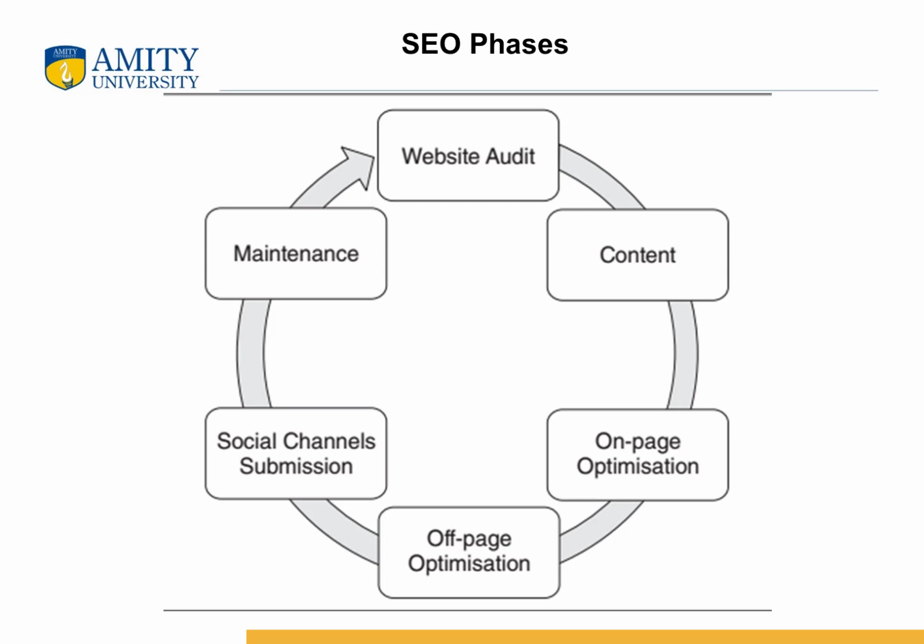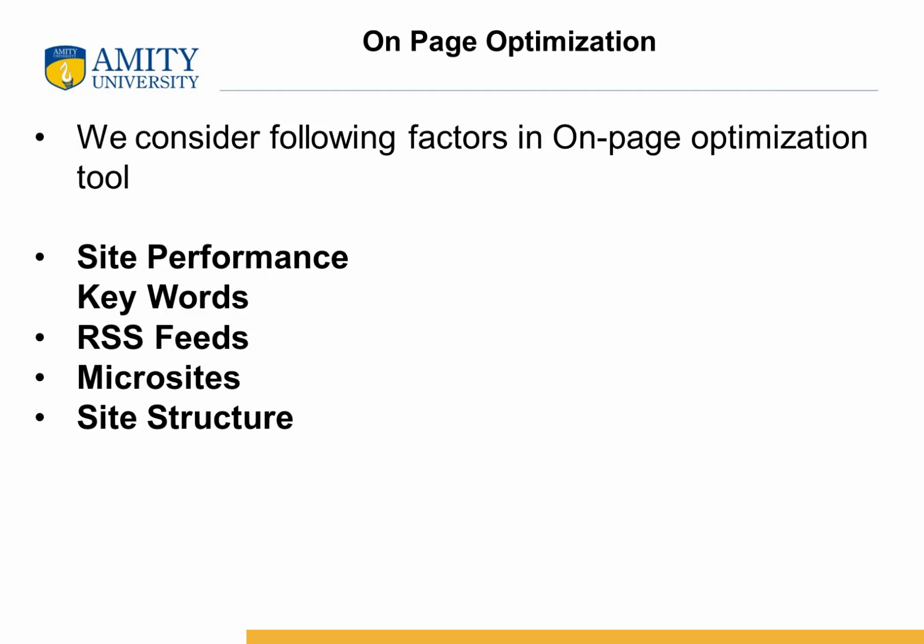Third and fourth steps are extremely important: on-page optimization and off-page optimization techniques. So I'm going to discuss in the next 2 slides what we mean by on-page and off-page optimization tools. On-page optimization is a technique where you evaluate your site performance.